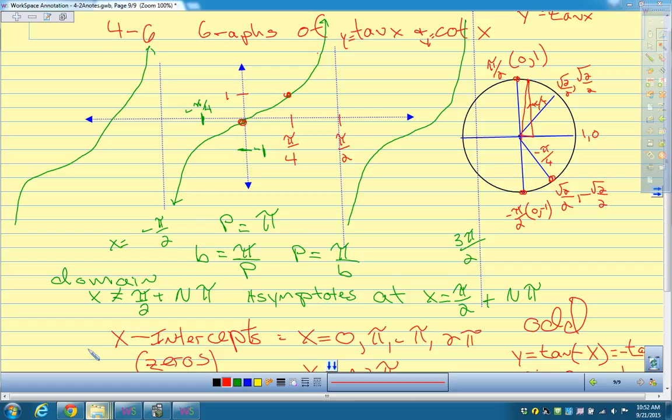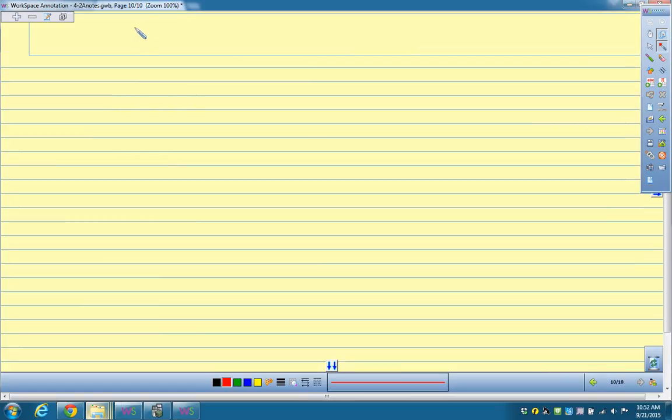Here. Okay, so how would I graph? Let's just jump. Should we jump? How would I sketch the graph of, so did I need to go back? Anyone want me to go back? Okay. So what if I said sketch y equals tangent of 2x without your calculator.